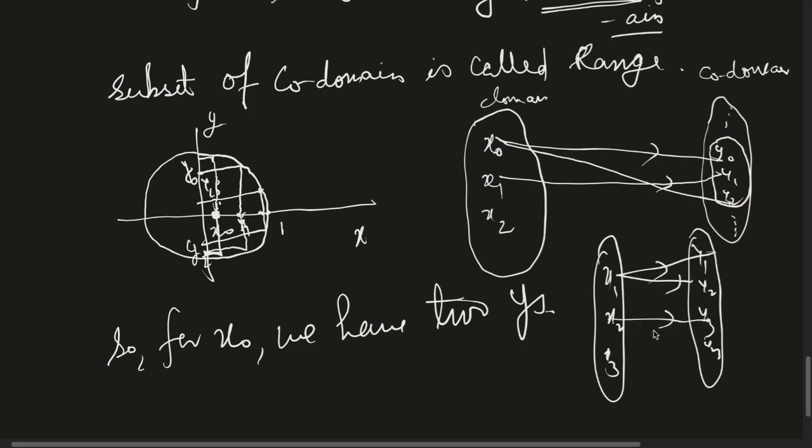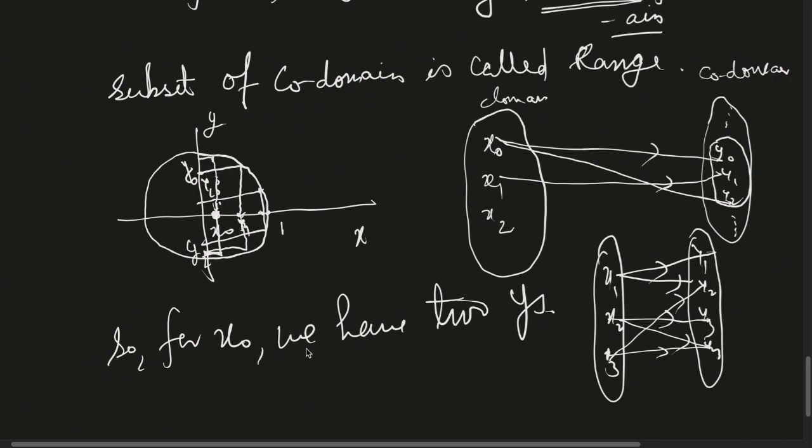Similarly, x2 will have some image y2 and y4. x3 will have some image, let us say y2 and y3. This is just an illustration, not strictly consistent with this equation.